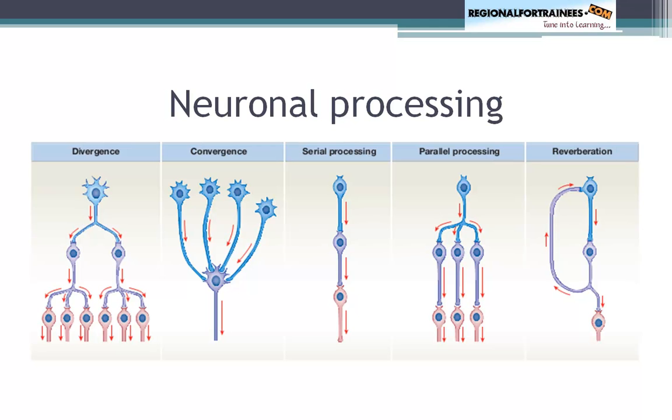Or it can lead to convergence, that is, a single cell is getting input from various different neurons. It can also involve serial processing one after the other. It can involve parallel processing, and it can involve reverberation circuits as well. So these are different physiological patterns of neural processing, and each one has different applications.